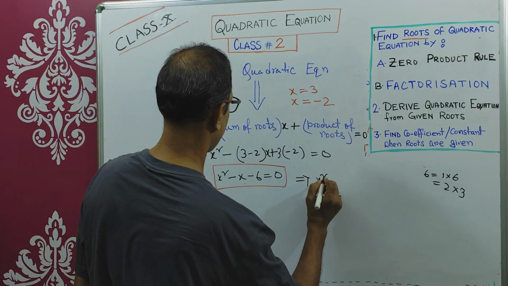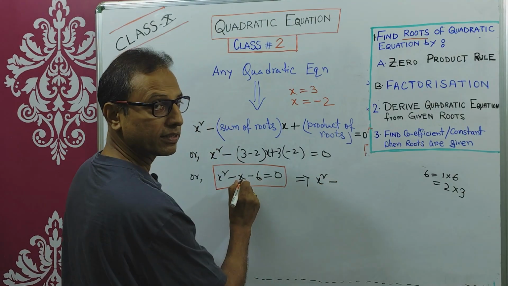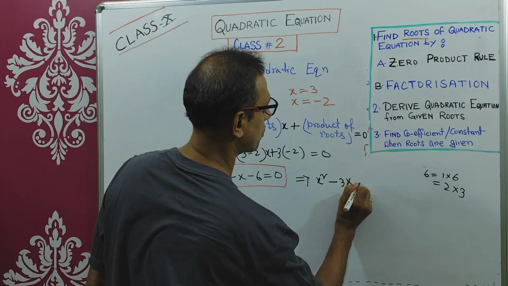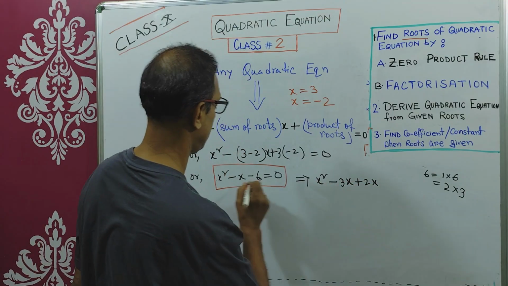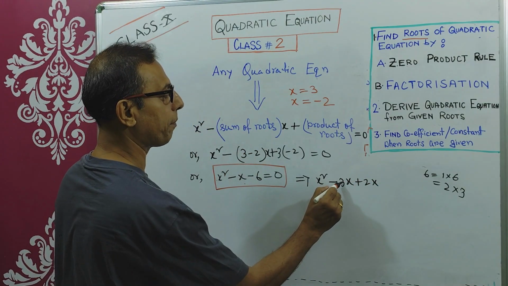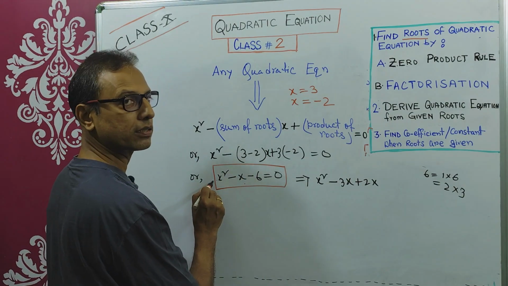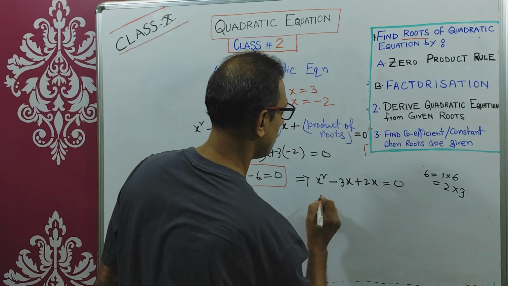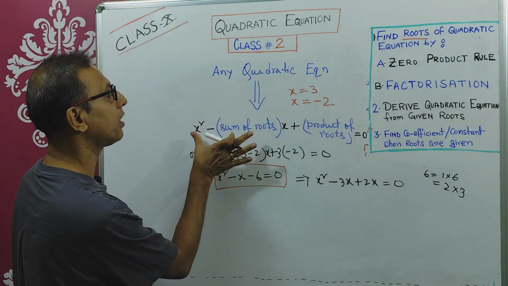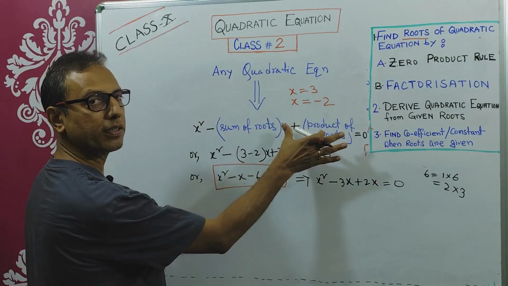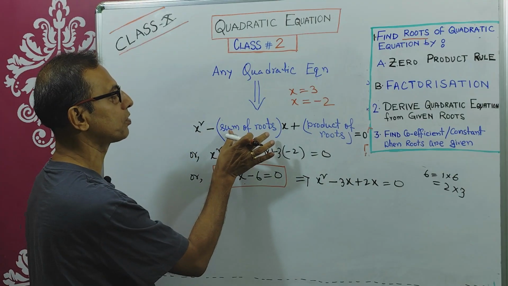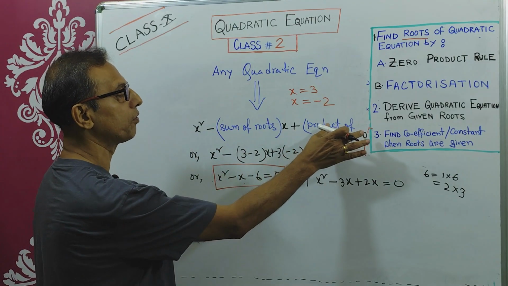x square minus x, so minus 3x plus 2x. That means minus x. And the multiplication of minus 3 and 2 is minus 6. Here also it is minus 6 into 1, minus 6. So equals to 0. So this is actually the core formula of a quadratic equation, x square minus sum of roots into x plus product of roots equals to 0.